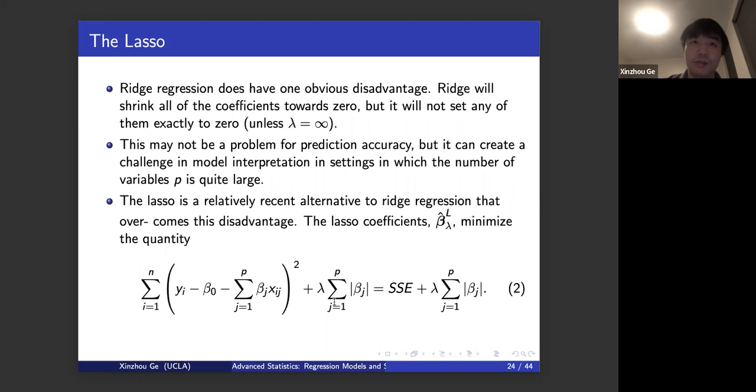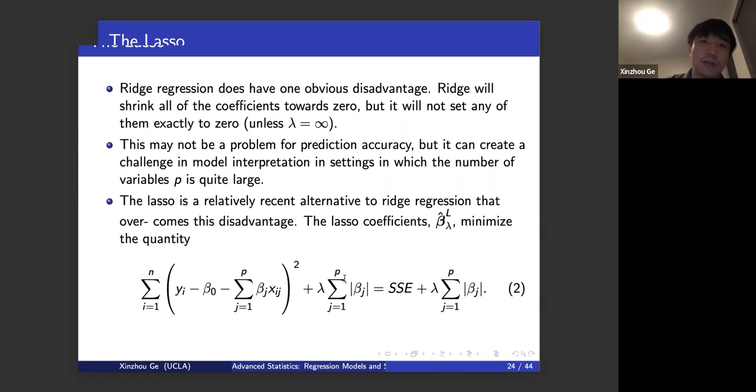Ridge regression will shrink all of the coefficients towards 0, but it will not set any of them exactly to 0. This may not be a problem for prediction accuracy, but it can create a challenge in model interpretation in settings in which the number of variables p is quite large.